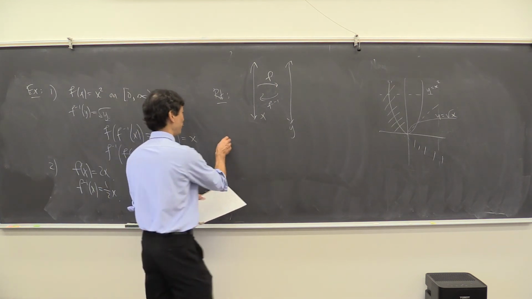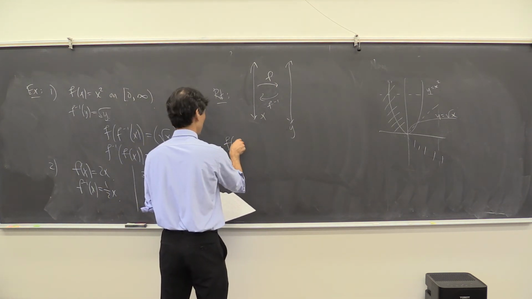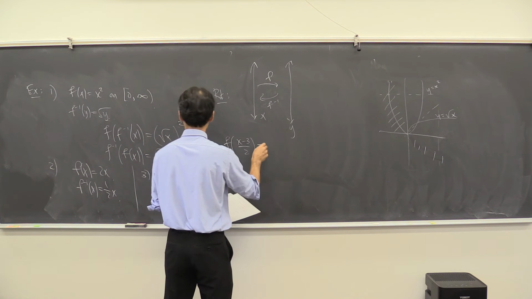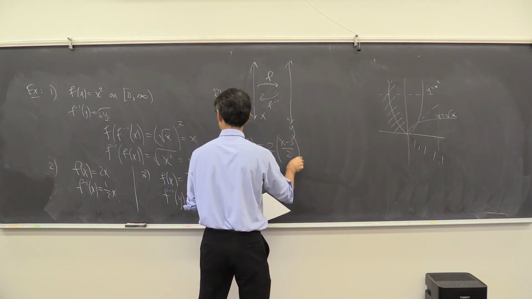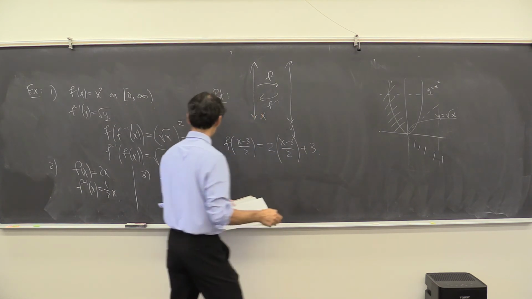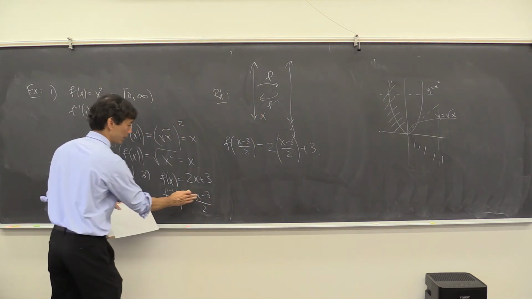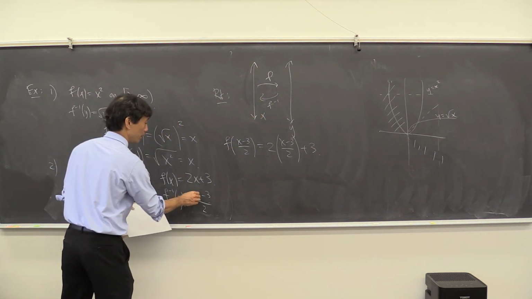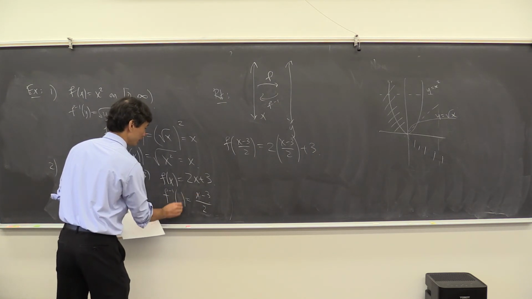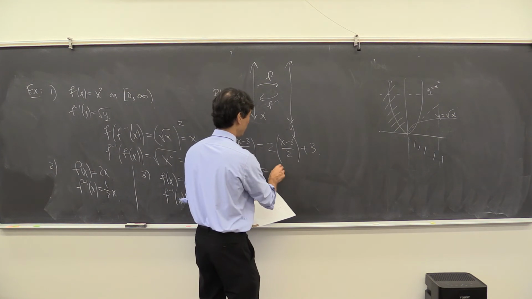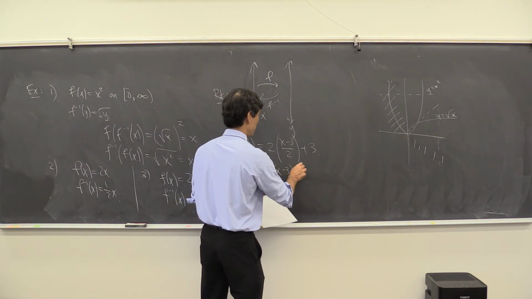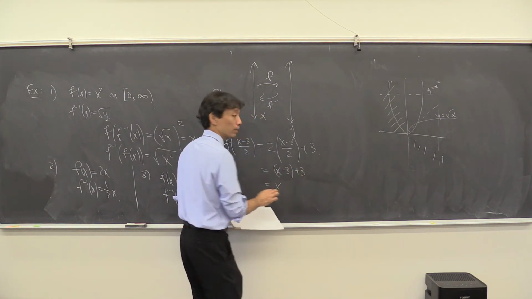So f of x minus 3 over 2 is going to be 2 times x minus 3 over 2, plus 3. Sorry, I'll leave it as x. So you get x minus 3 plus 3, which is just x.